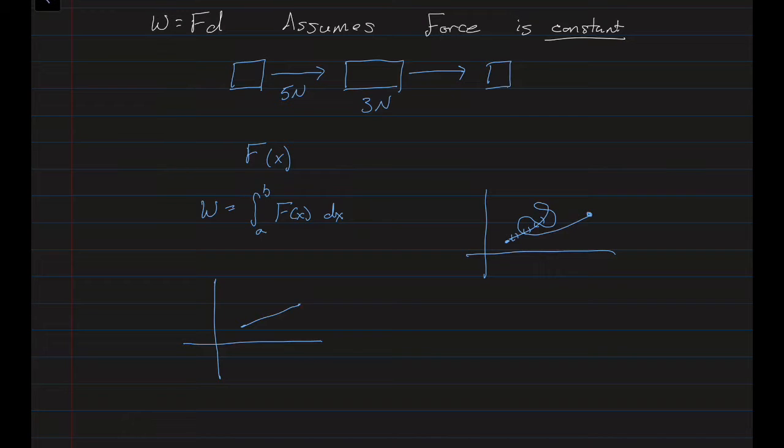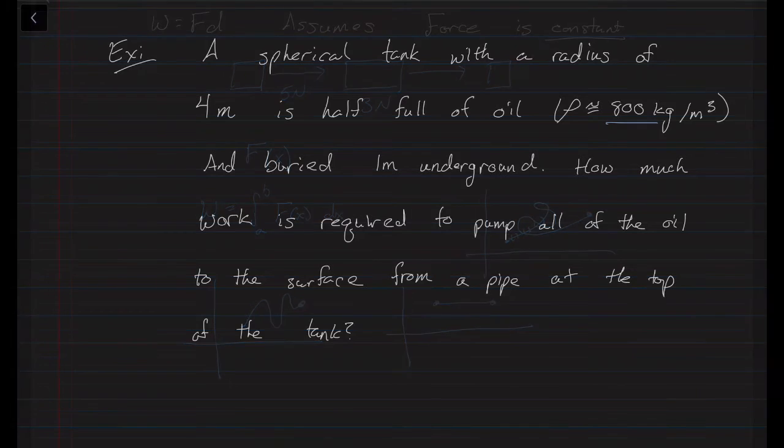So our final assumption is that our force is going to be a function, and it might be a straight line, it might go up and down, it might be constant. Then we can just use work is equal to force times distance. But in every case, it's just going to be a function of x.